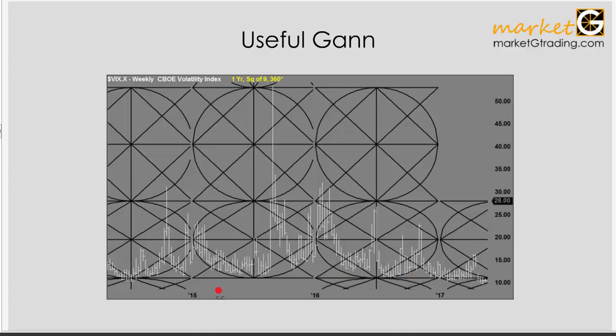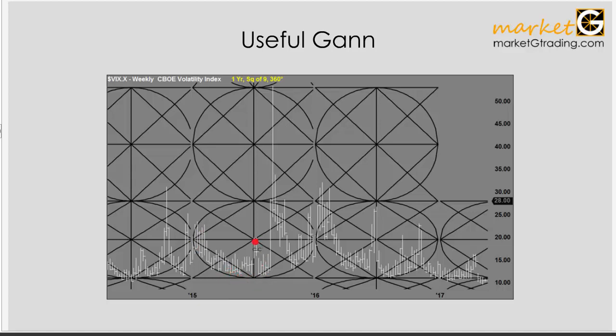The 11 level down here has been support and resistance for basically as long as anyone can remember. This is a 1 year chart, weekly bars, and we're going to jump into a smaller time frame in a minute, but it just shows you kind of the way things work, you can see a bit of the pattern.